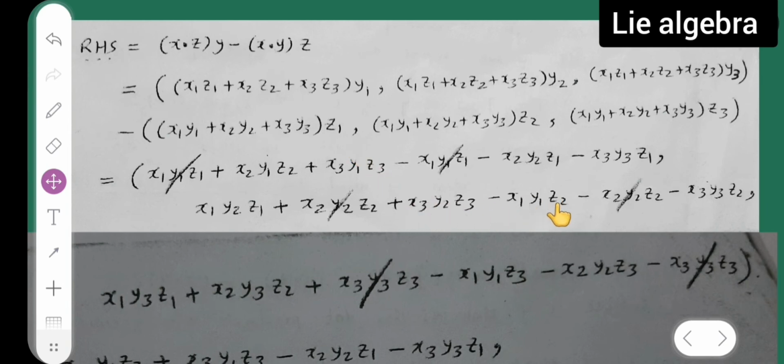You all have to write it down, multiply this z2 inside also, and then write it here: x1 y1 z2 minus x2 y2 z2 minus x3 y3 z2, here put a comma, then do it for the last part.